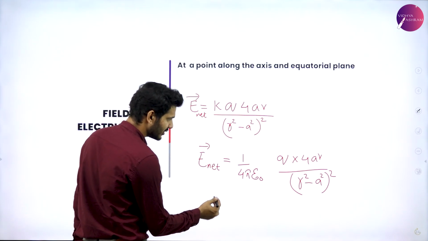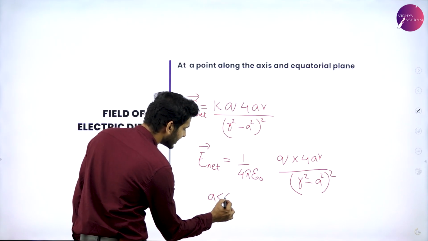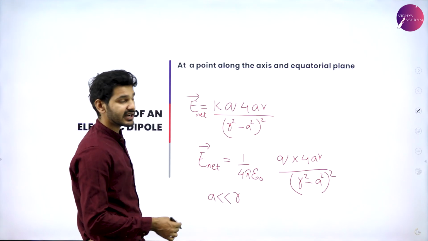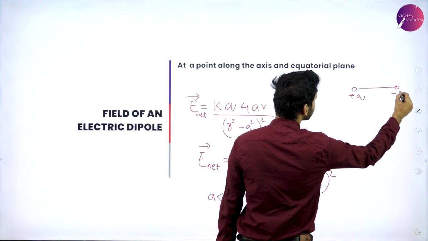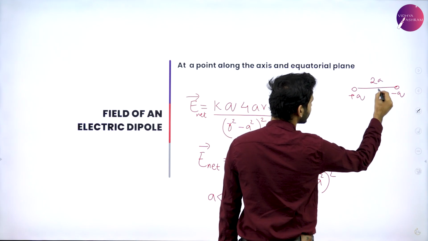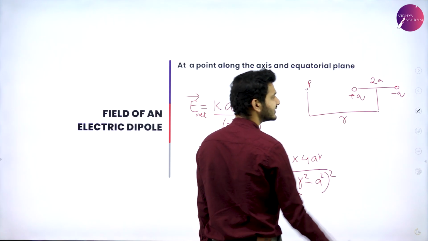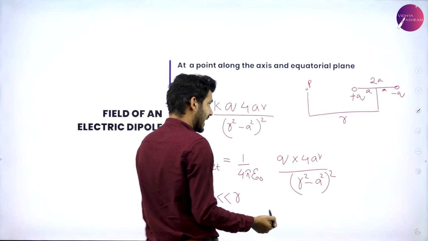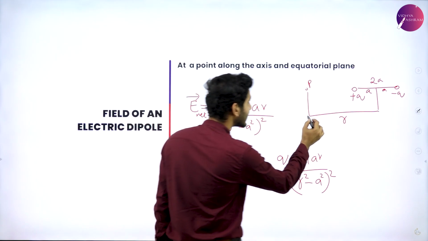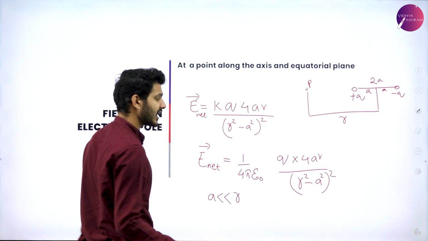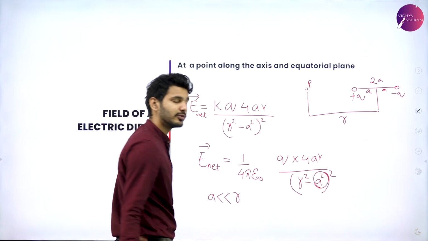So what we can actually do is assume that here A is much lesser than R. We are considering the dipole we have taken, which is positive Q and negative Q, having a distance of 2A, and we considered a point P at R distance away from the center. So we are saying that this distance A is negligibly small compared to this large distance R. If we assume that, then A square is almost 0.